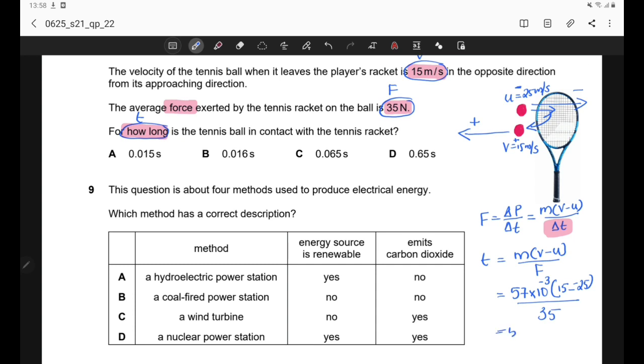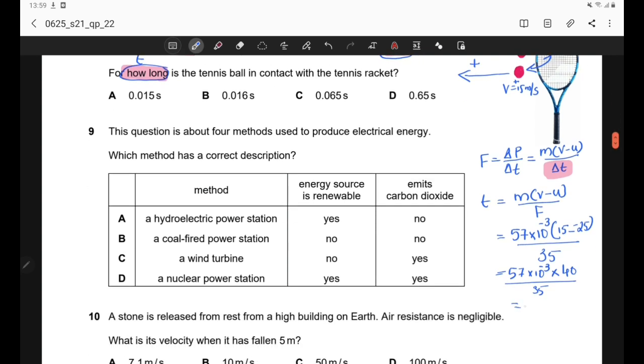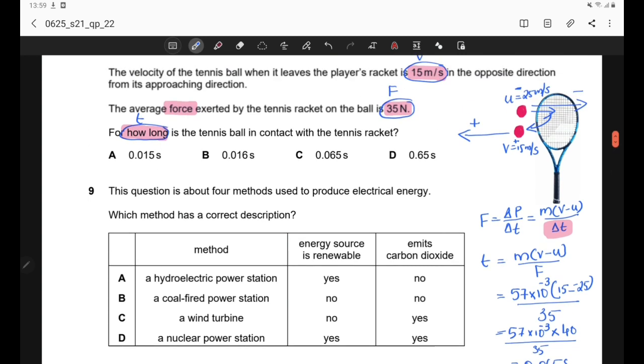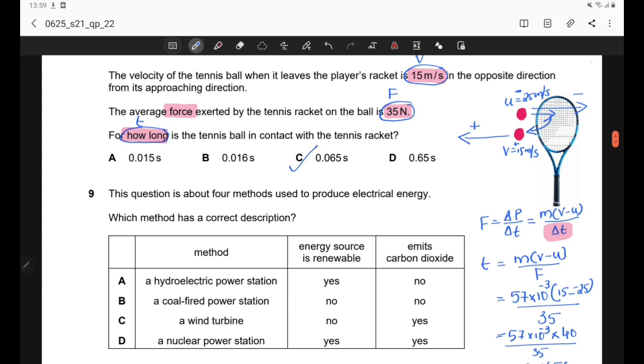So we will get 57 times 10 to the power minus 3 times 15 minus minus 25, which is 40, over 35, and the final answer is 0.065 seconds. Therefore, the correct answer is option C.